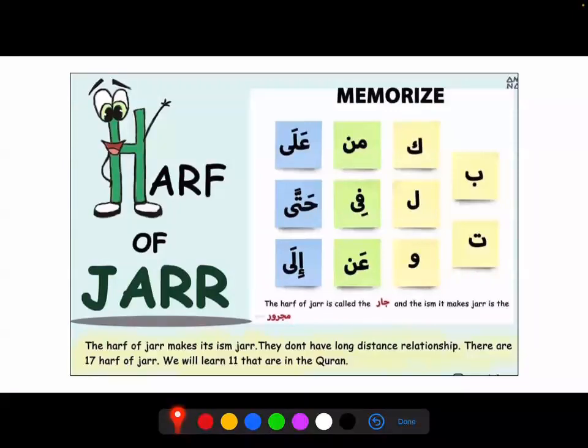Who is ready to say them? We can see the screen and say them 5 times and take turns. Ba, ta, kaf, lam, waw, min, fi, an, ala, hatta, ila.